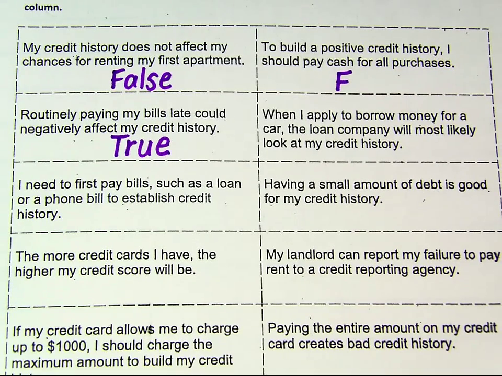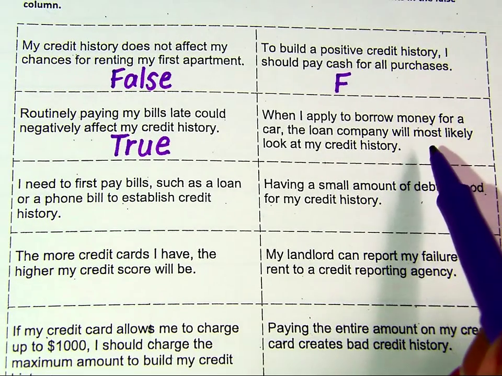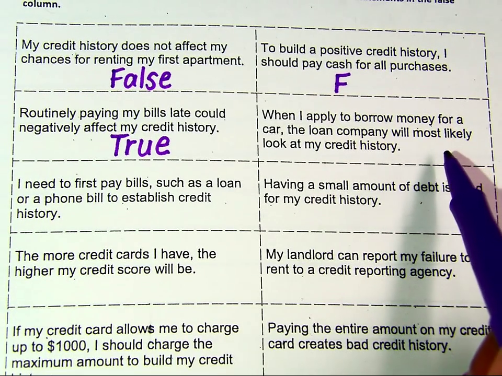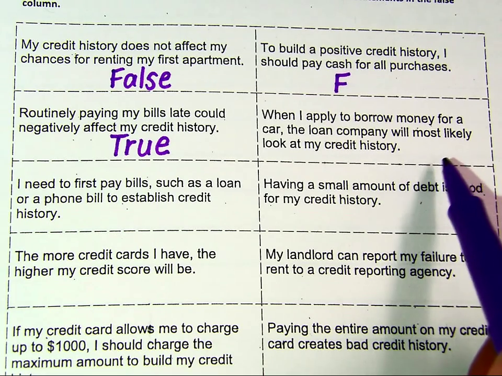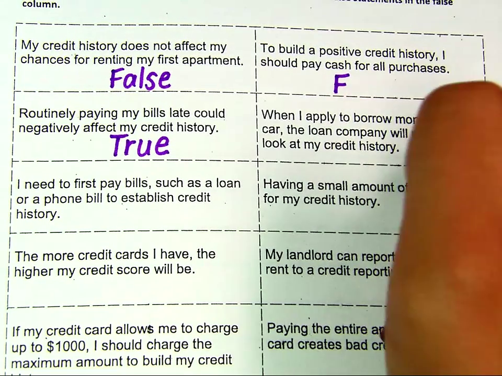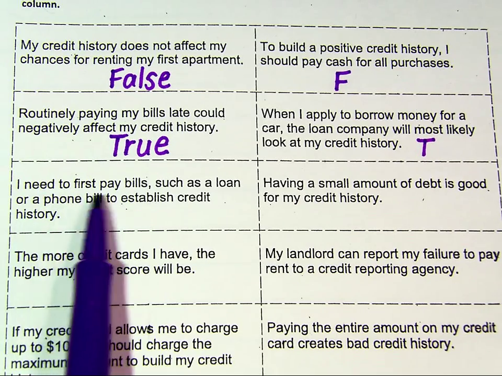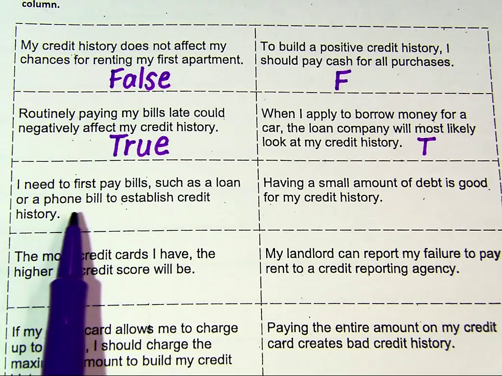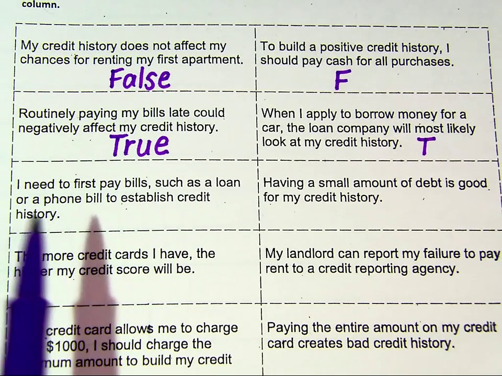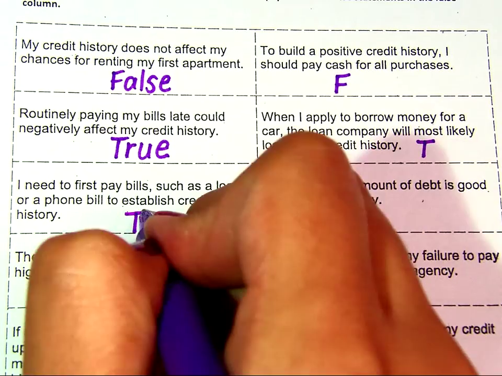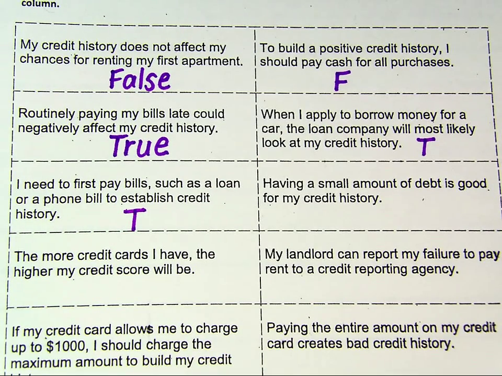All right, so the next one says, when I apply to borrow money for a car, the loan company will most likely look at my credit history. This is true. I need to first pay bills such as a loan or a phone bill to establish credit history. That is also true. Having a small amount of debt is good for my credit history.